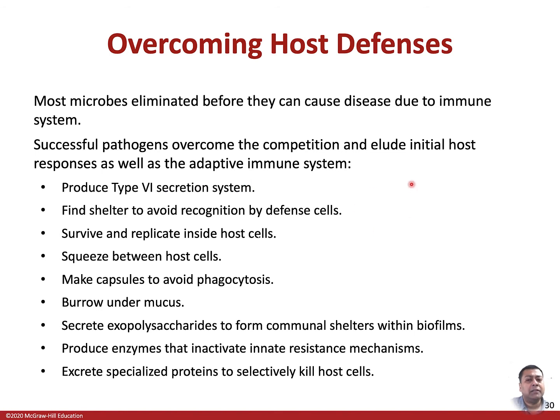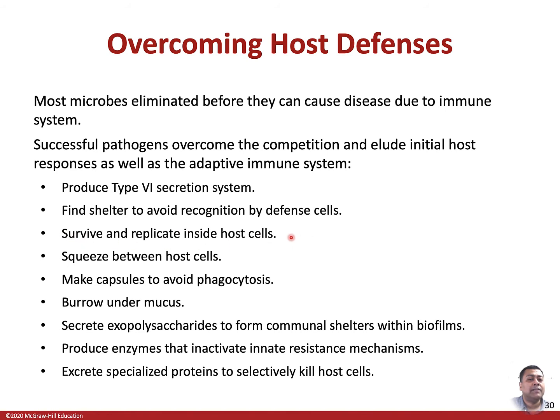There are many other types of secretion systems, and we're going to talk about those a little bit later as well. Also, they find shelter to avoid recognition by the defense cells. We talked about the coagulation process of Staphylococcus or Streptococcus. They also survive and replicate inside the host cell.